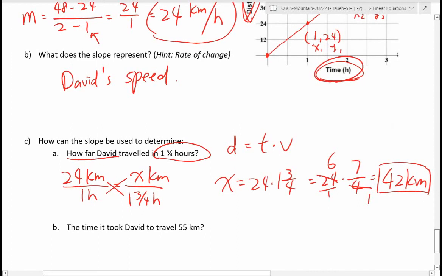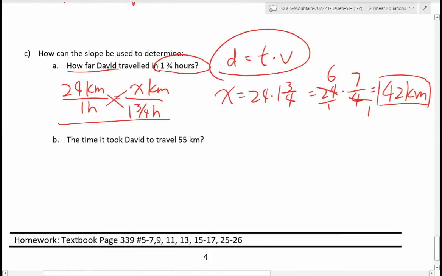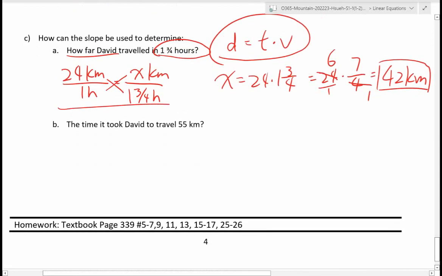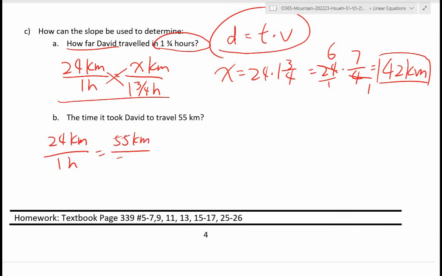What about the time it took David to travel 55 kilometers? Again, you can use this formula or you can use this. I'll show you both. You can have the proportion, 24 kilometers per 1 hour is equal to, in this case, 55 kilometers traveled in x hours. We can do the cross multiplication. You get 24x equals 55 times 1, which is just 55.